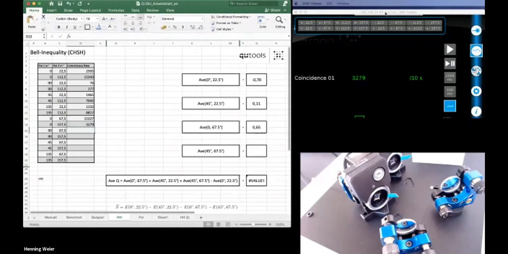3279. And now we have V and 67.5 degrees. That's this one. 167. And we have V and 157.